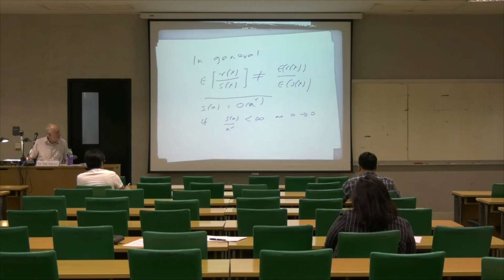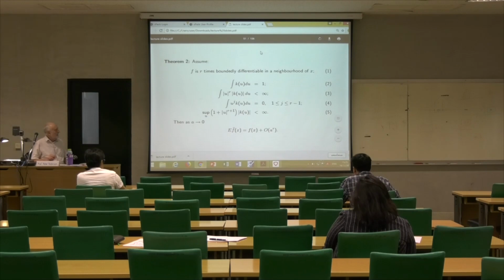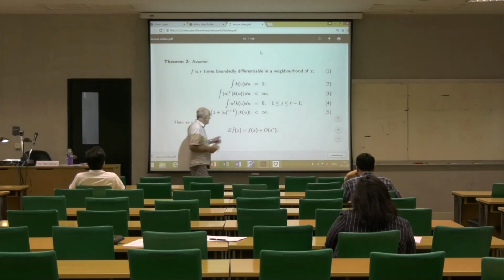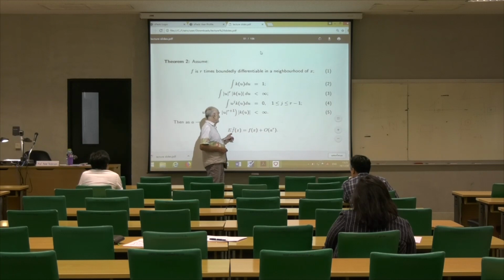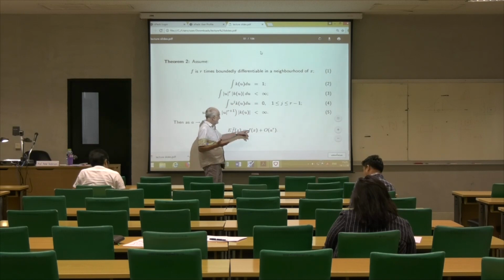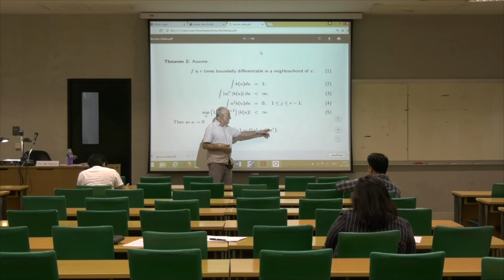So you see, the point is that if we're stressing the dependence on A here, because of course there's a dependence on X, but X is fixed, but this expectation does depend on A, all right? Because A is in there somewhere. And we're saying then that if you take off the f of x part, the remaining term will be of order a to the r.